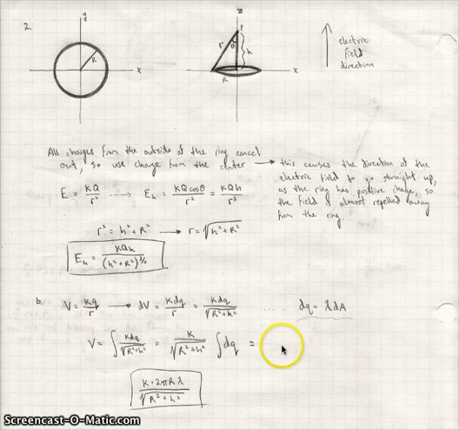I plugged lambda times dA into dq, took the integral, and then I got k times 2 pi r, which is the derivative of the area, or the circumference. So k times 2 pi r times lambda, all over the square root of r squared plus h squared, for the electric potential at point P.